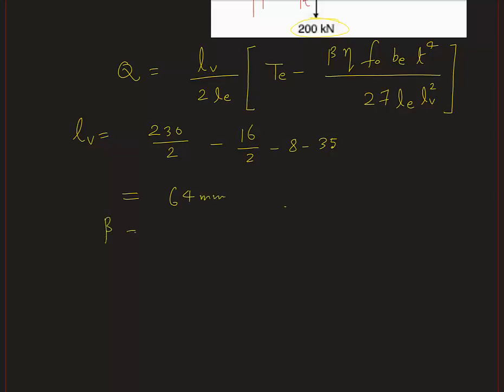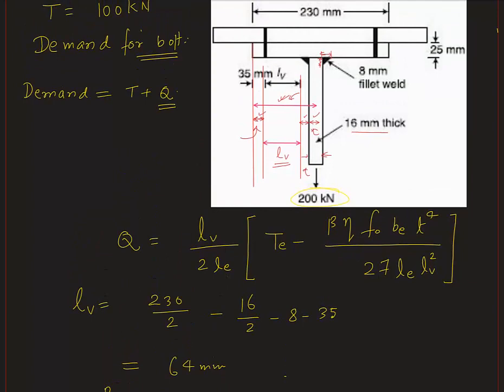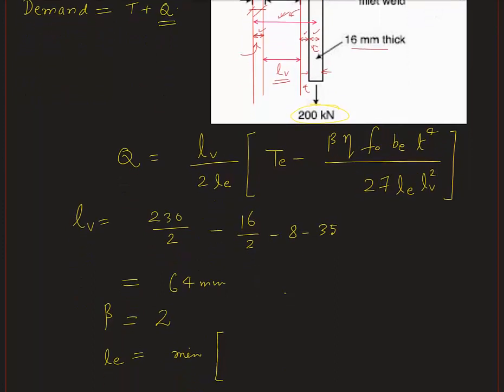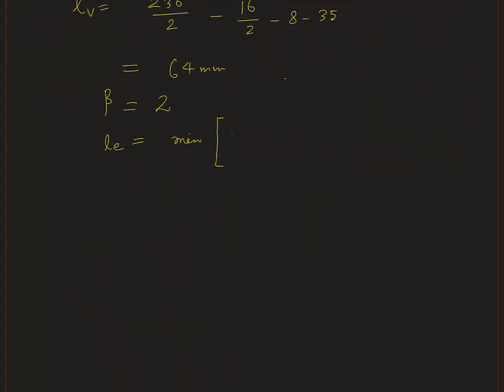Now beta is a constant. In this case this value is 2, and L_e is the minimum of the end distance. In this case the end distance is 35 mm. So this distance is the end distance, that is 35 mm. And we have to calculate another term.